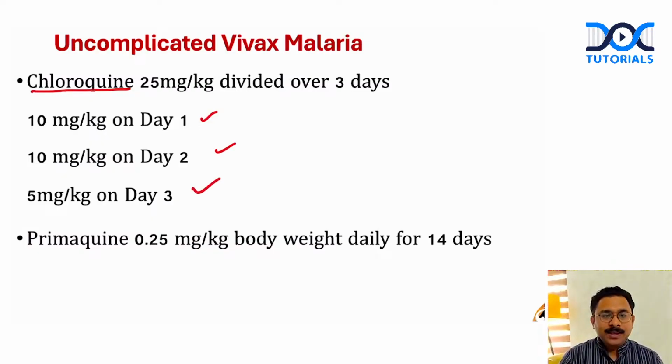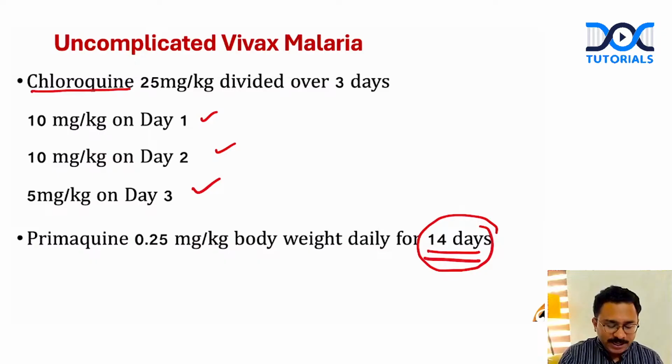No doubt about it. And you must give primaquine, for a duration of 14 days because you have to kill the hypnozoites. It is given at a dose of 0.25 milligram per kilogram body weight daily for 14 days. Correct or not? 14 days it is given.